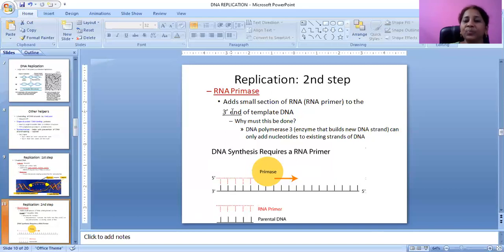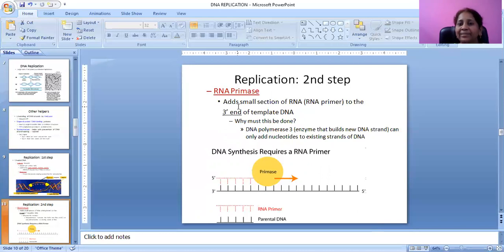Here RNA primase adds primers to the 3' end of the template DNA. Why should this be done?